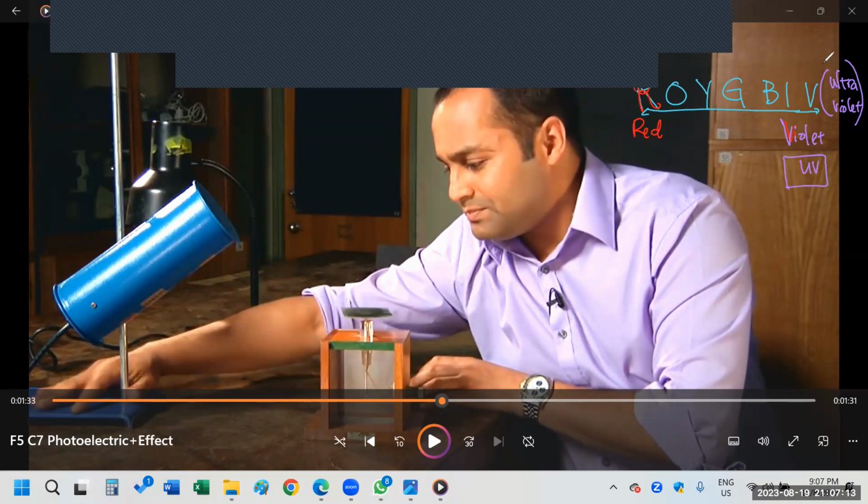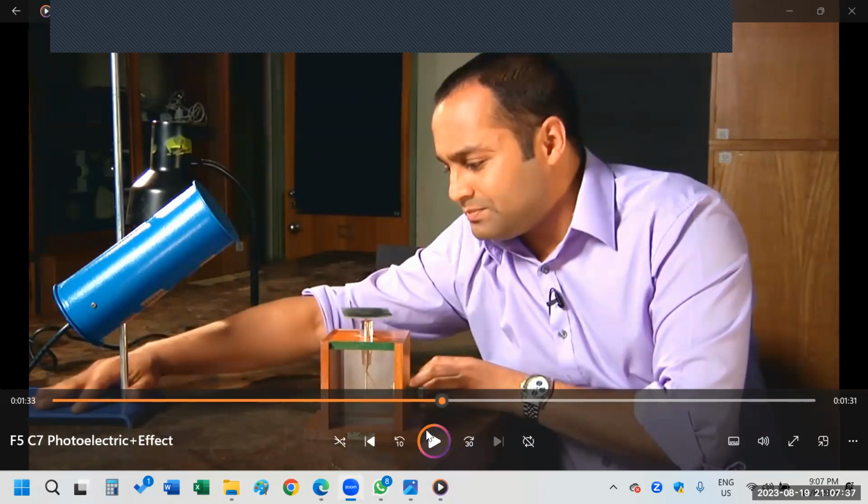Ultra means more than. What is more than violet? The frequency of UV is higher. As we know, photon energy is directly proportional to the frequency, so as frequency increases, the photon energy increases too. Photon means the packet of quantum energy. Let's see what will happen when UV shines on it.